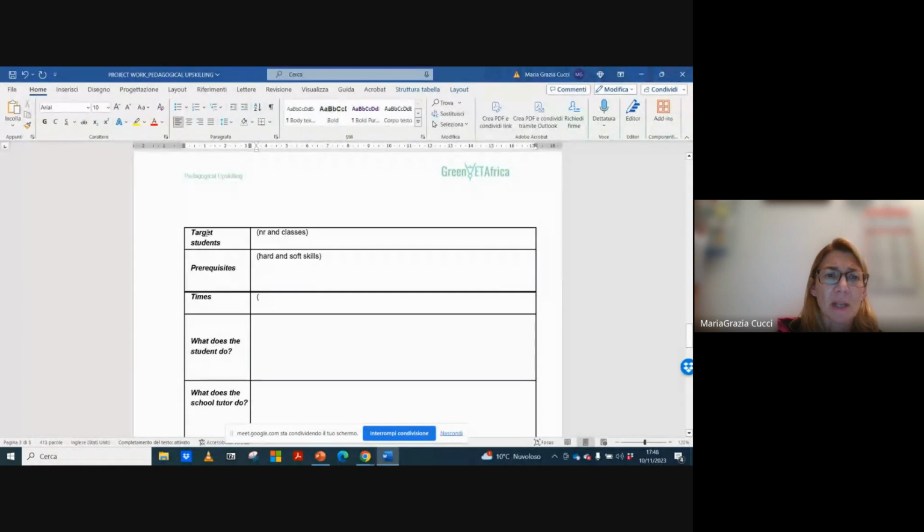Then target students, number and classes. You can choose to put only one student. It depends on the work that you want to do. If you are alone, choose one single student and try to prepare this project work on a single base.